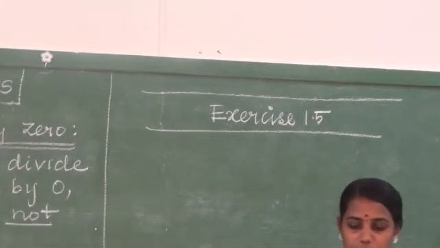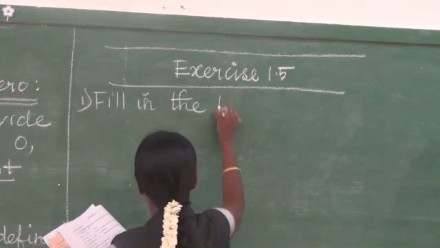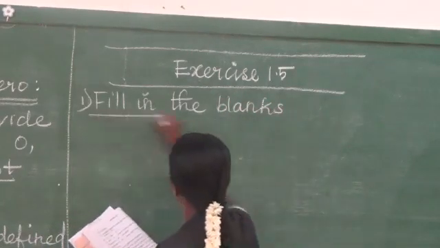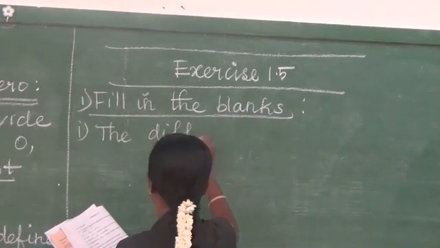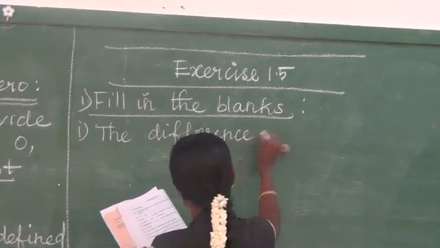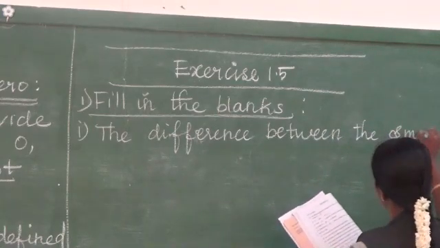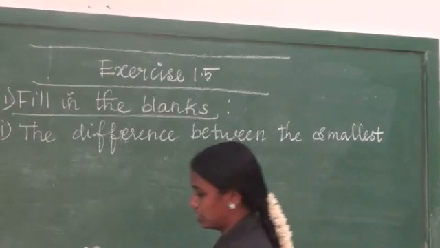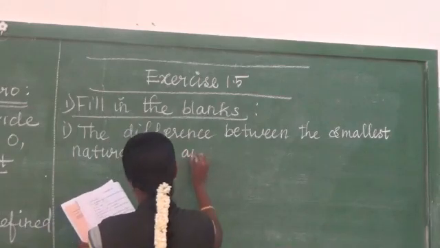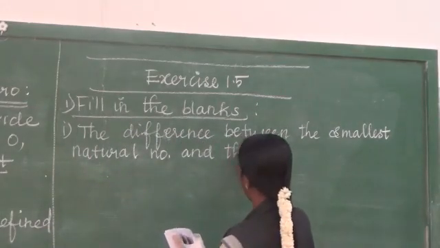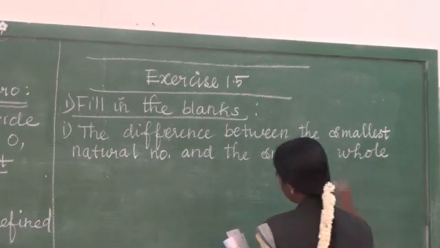The first question is fill in the blanks. First option, listen: the difference between the smallest natural number and the smallest whole number is dash.